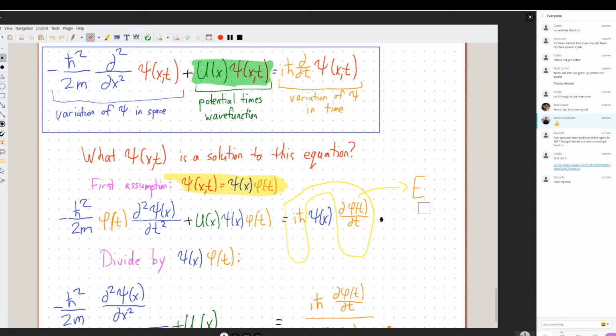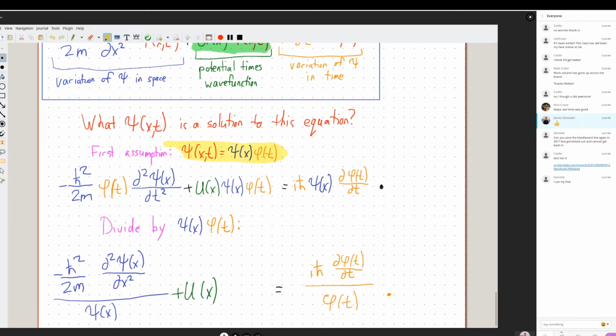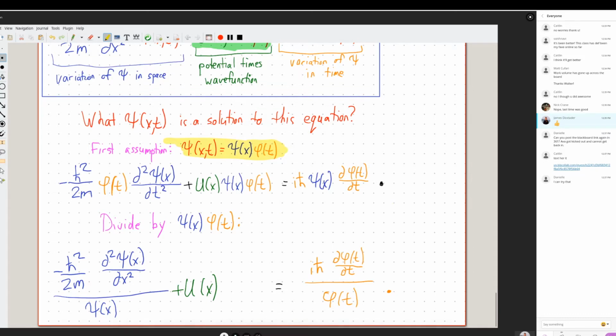Let me erase this scribble here. We'll come back to that. I've color-coded this where we've got the position-dependent things in blue and the time-dependent things in orange. And now what I'd like to do is get all of the blue things and all of the orange things separated. So I've now divided through by blue thing times orange thing, and I wound up with this mess down here, which is where we stopped last time.